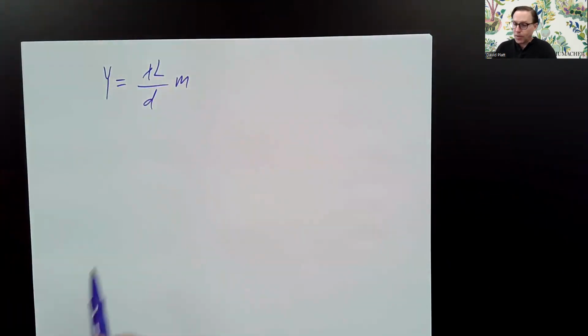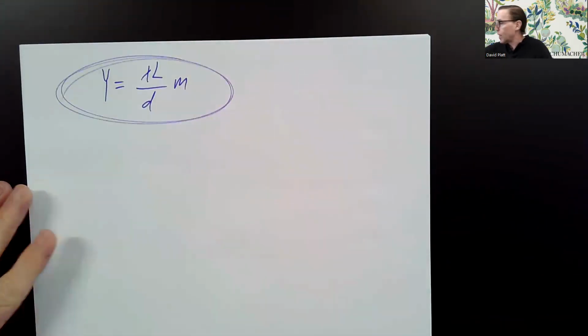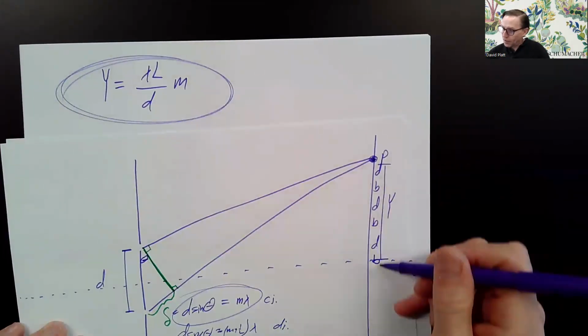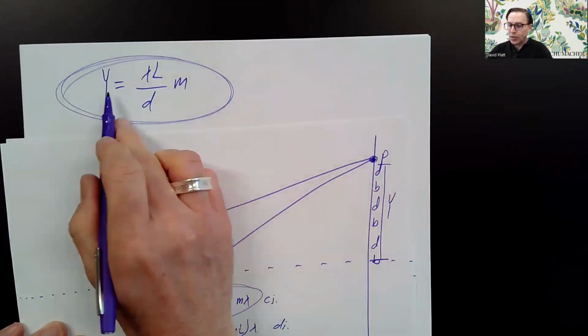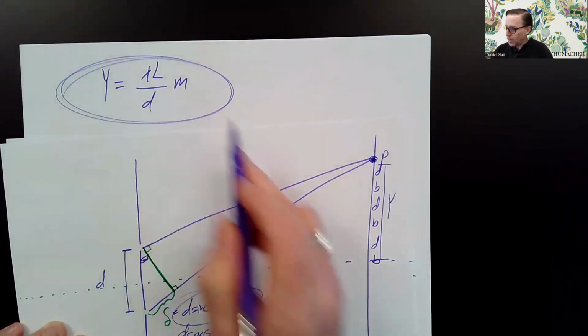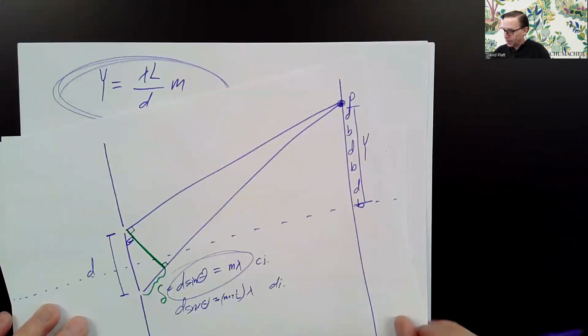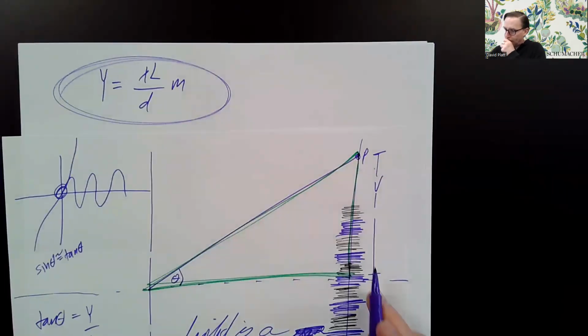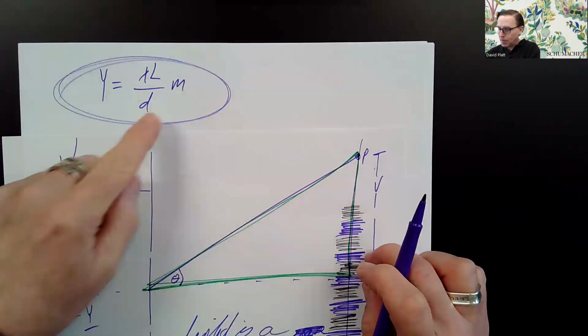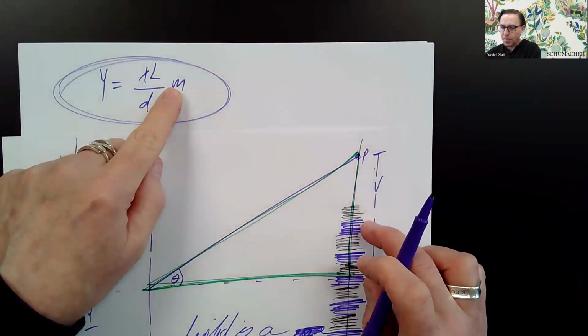All right, and so this is an equation that talks about how far away I have to go from the center to get to the next bright. m equals 0 gives me the center. m equals 1 gives me my first bright stripe. m equals 2 gives me my second bright stripe, and so on.